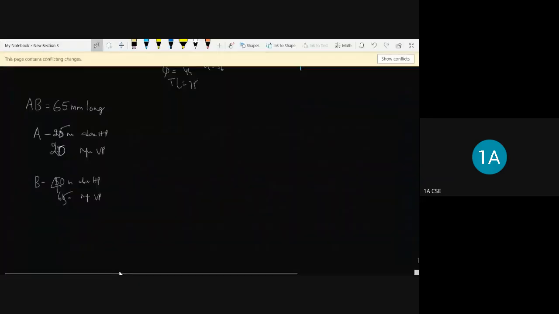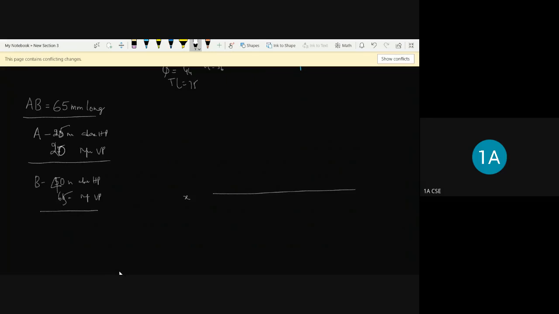So what all is given? He has given only the lengths. The line length is given, and the positions of A and B are also given. So what we can do is draw the XY line, with VP and HP, and take the position of A. The position of A is 25 mm above HP.